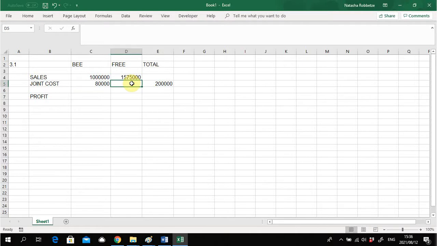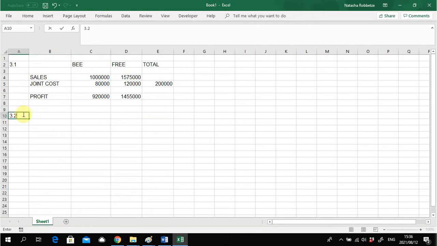And for Free, it's 15,000 units divided by a total of 25,000 units times the joint cost of 200,000. Right, then we can calculate our profit. It is sales minus the joint cost. Right, and we are done.